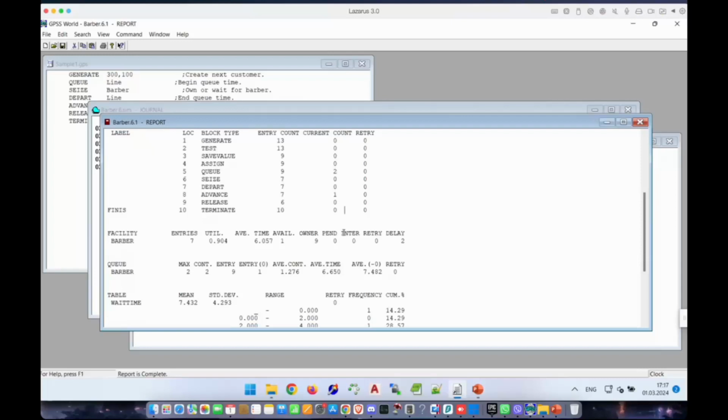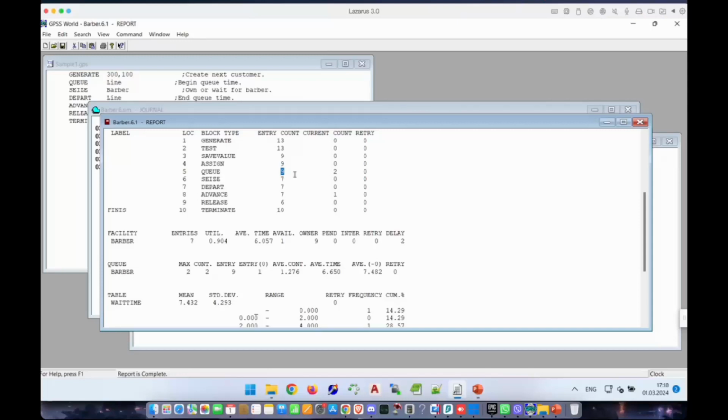So literally, what do we see by this report? Well, we see that at the moment when customer number 10 went out from the barber shop, we had 9 customers reaching the waiting.